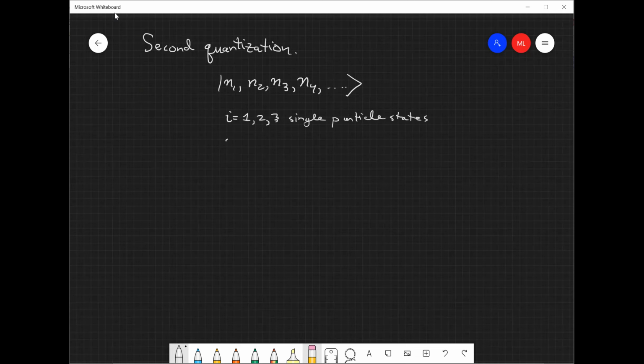And the n sub i are your numbers of particles in each of those states.